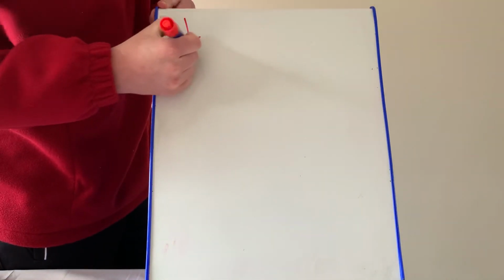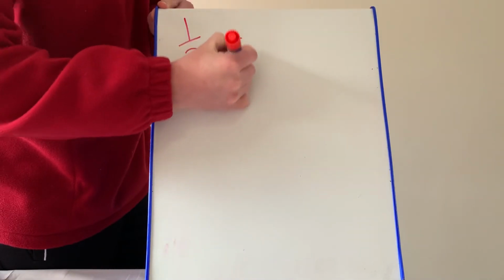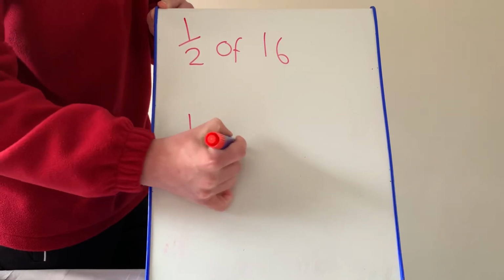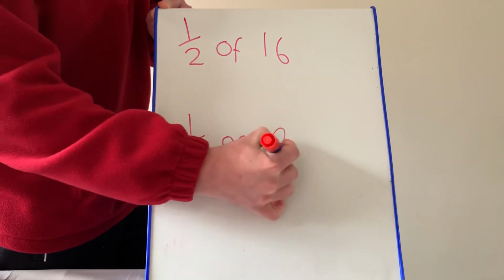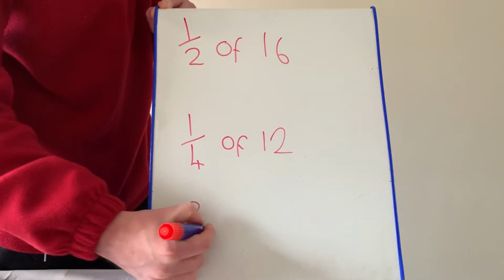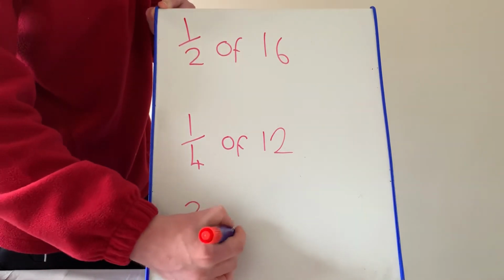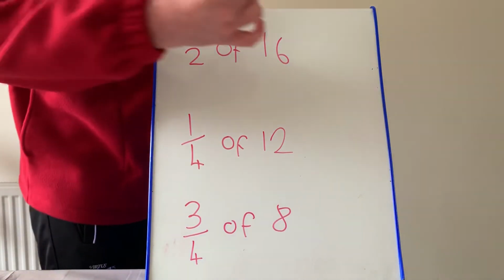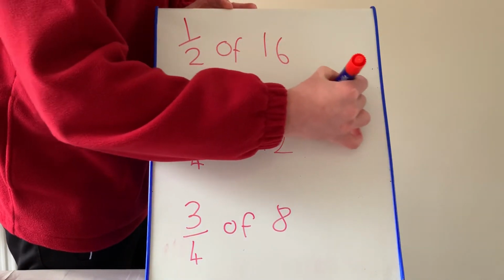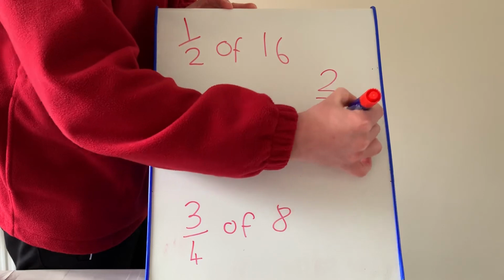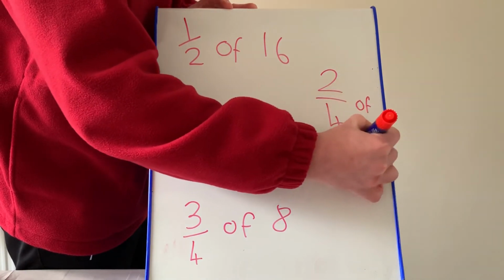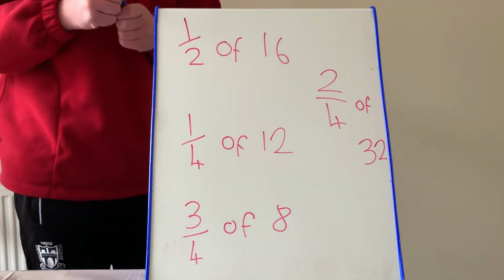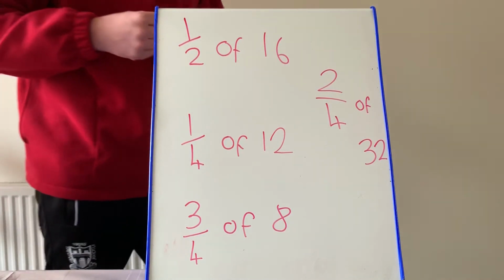So I want you to have a go at 1/2 of 16, 1/4 of 12 again, I know we've already done it, 3/4 of 8, and a really difficult one, 2/4 of 32. Have a go at those questions for me and I will post the answers in the description below.